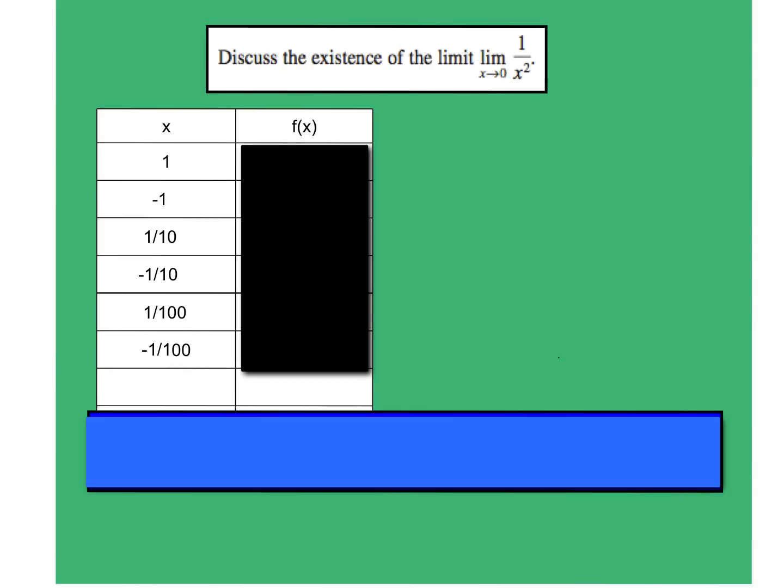Let's look at this next one. So I have the limit as x approaches 0 of 1 over x squared. So if I substitute in 0, what happens? I get undefined. I get a number over what? 0.